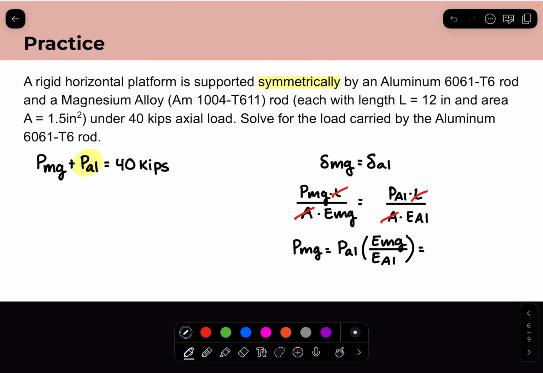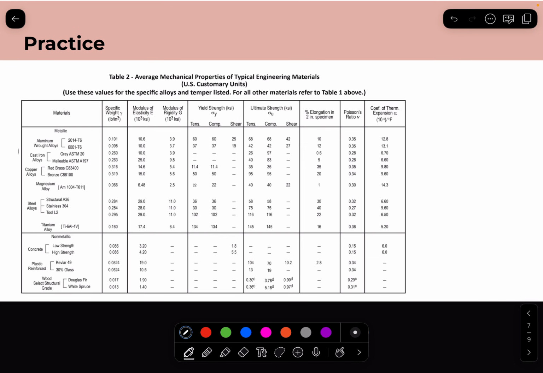Let's go to Table 2 to find those moduli. For magnesium, we're looking right here. And for aluminum, we'll be looking in this row. Now let's get the specific value we need.